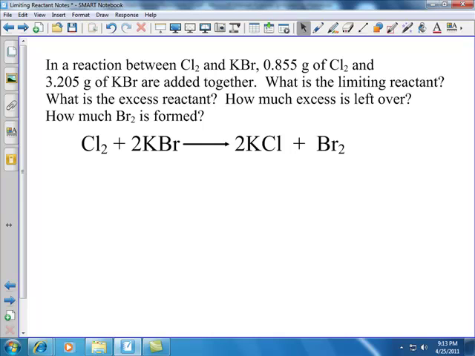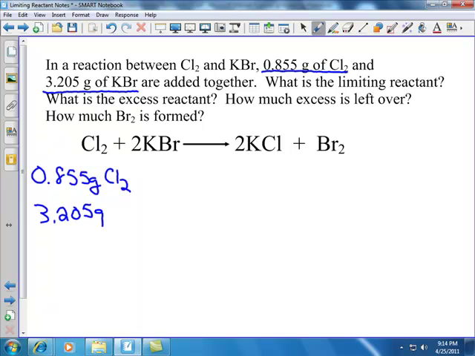But here I have a fairly simple single replacement reaction, and I'm going to react 0.855 grams of chlorine and 3.205 grams of KBr. So that's what I'm starting with. I am starting with 0.855 grams of Cl2 and 3.205 grams of KBr.